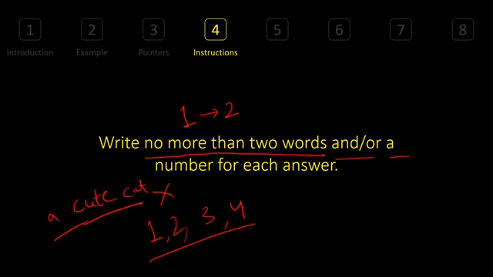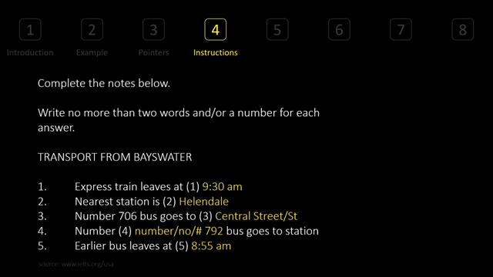When they say and or a number, it means that you can add a number to these 2 words, if it is a number. What I mean by that, I'll show you. See, we have an answer here which we have seen earlier, 9:30 a.m. You see that 9:30 is a number and then AM is a word. Let's say we have an example where we say 2 little boats.